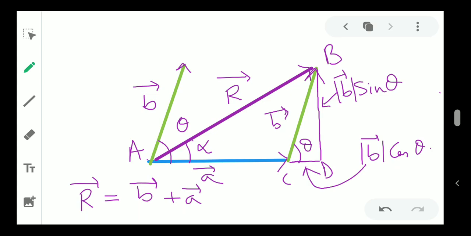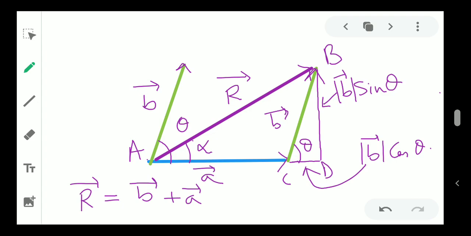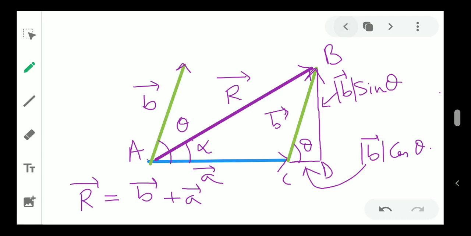Now we will use Pythagoras for finding the value of R. If we use Pythagoras here, I can see that AB square is AD square plus BD square. So I will write here AB square is AD square plus BD square, right?